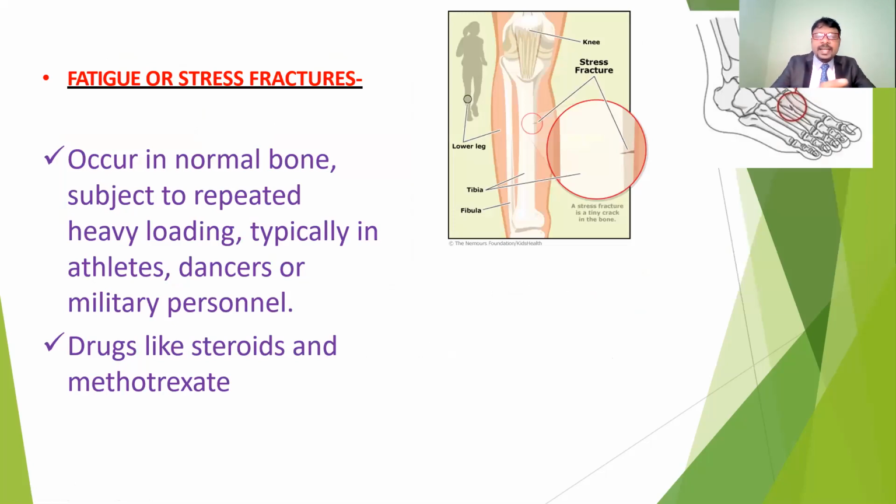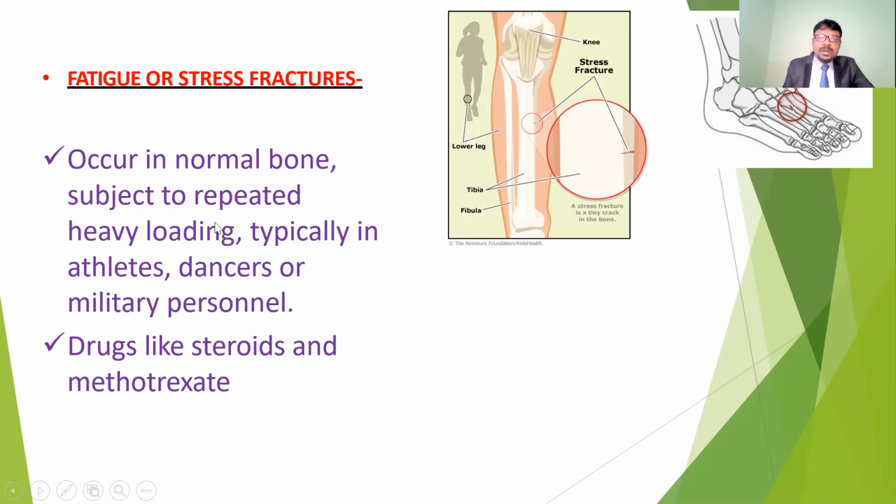Another type of fracture is called fatigue fractures or stress fractures. Fatigue fractures occur if anybody is under stress or very tired while doing regular exercise. Especially in sports, they may get a fracture in the tibia and tibial plateau, or because of running or regular activities, they may get metatarsal fractures.